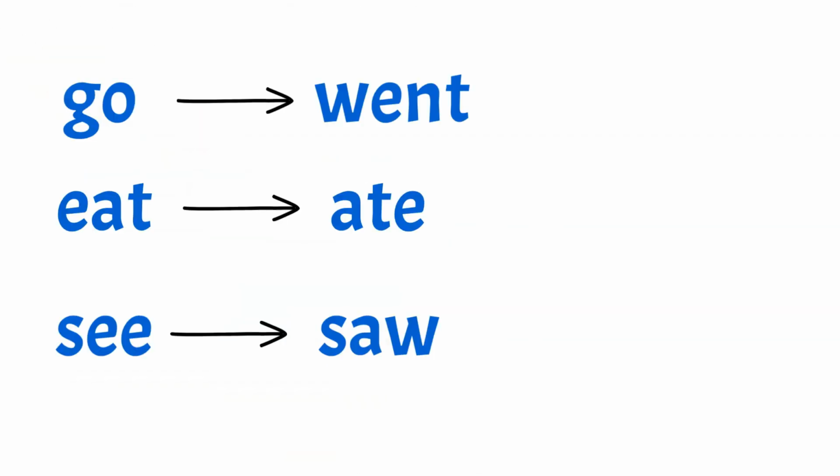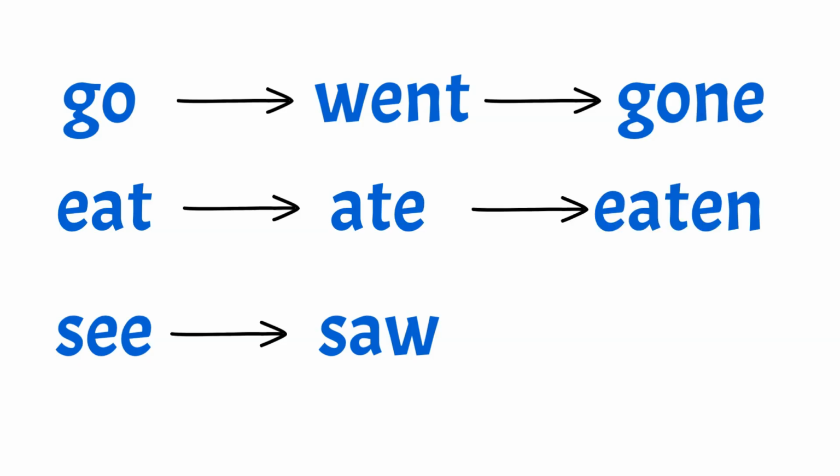In deriving their past tenses, for instance, go becomes went, eat becomes ate, and see becomes saw. Also, when deriving their past participles, go becomes gone, eat becomes eaten, and see becomes seen.